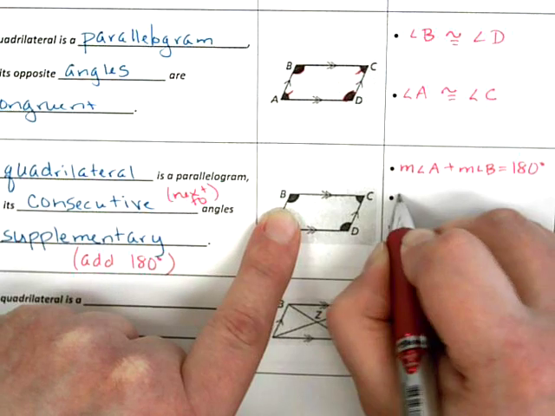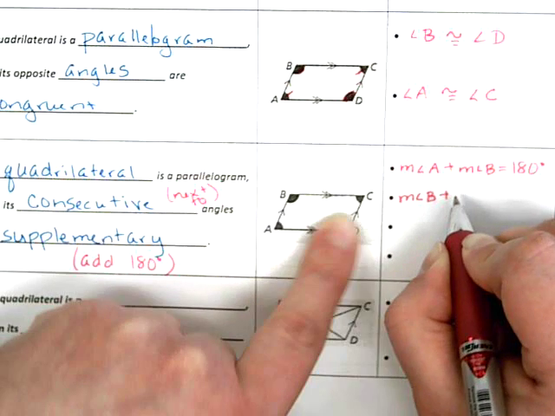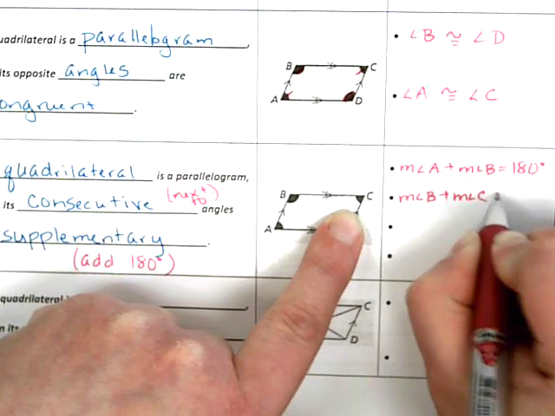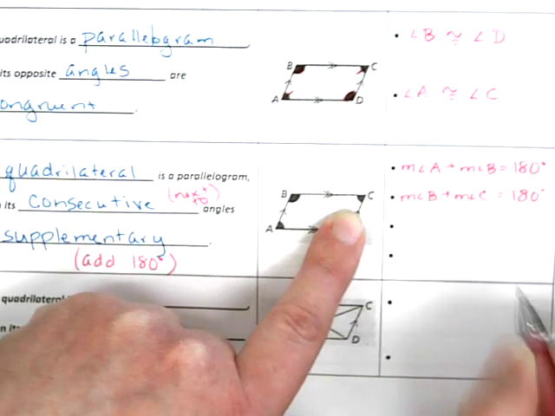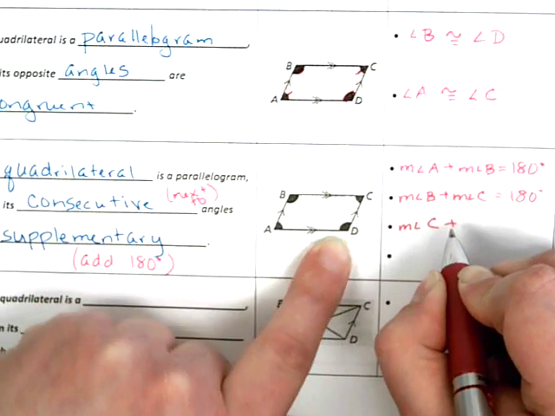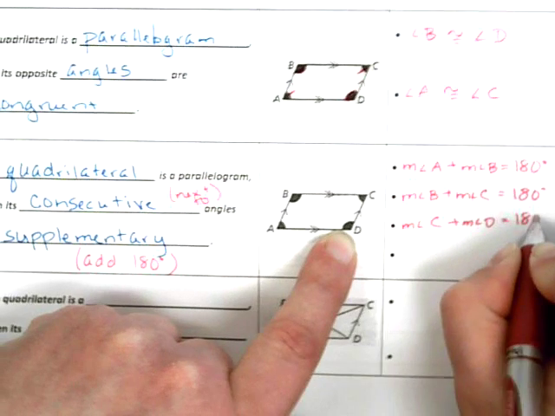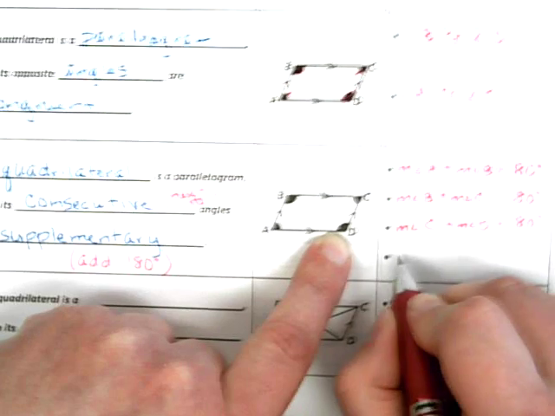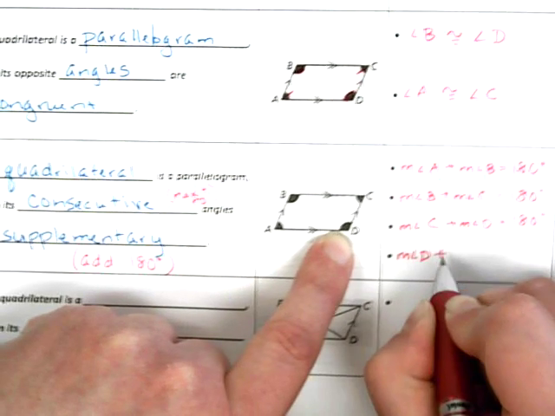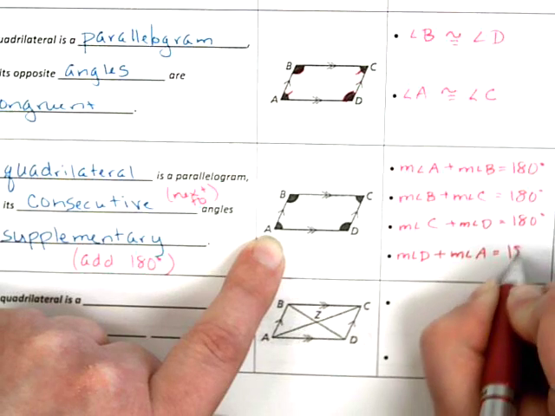It also means that the measure of angle B plus the one next to it, angle C, is 180. And the measure of angle C plus the next one, measure of angle D, equals 180 degrees. And the last one too, measure of angle D plus measure of angle A has to be 180 degrees.